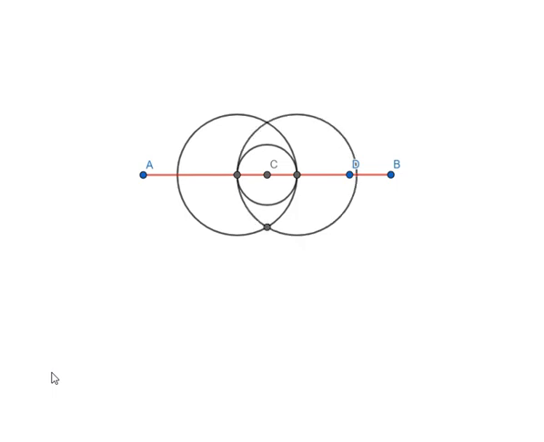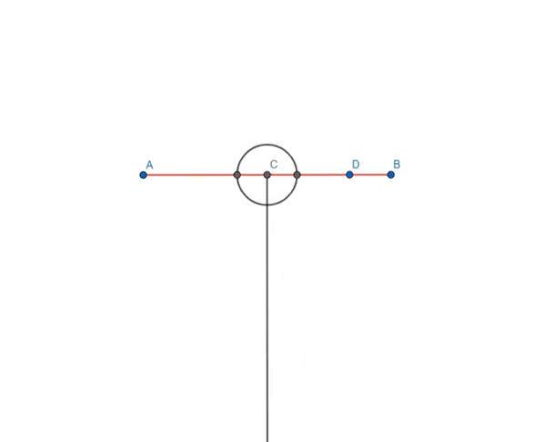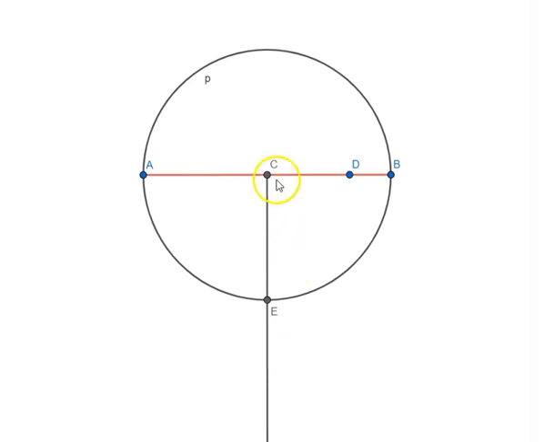Circle, circle, intersection point, and a line. None of these intersection points we are interested in. We are only interested in that line, and we have to cut it in such a way that it equals CB. Intersect. So CE is equal to CB.